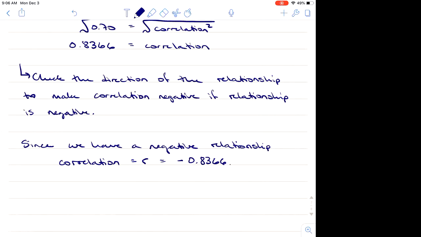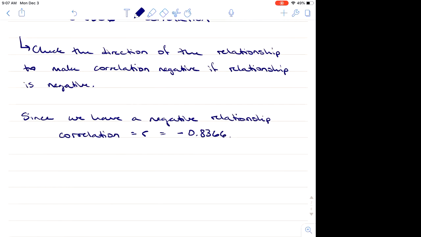Here you have to look at the relationship on the scatter plot. So on the assignment you're okay because you have a positive relationship. But if your scatter plot showed a negative relationship, then you would have to tack on that negative, because it gets lost in the squaring of things.